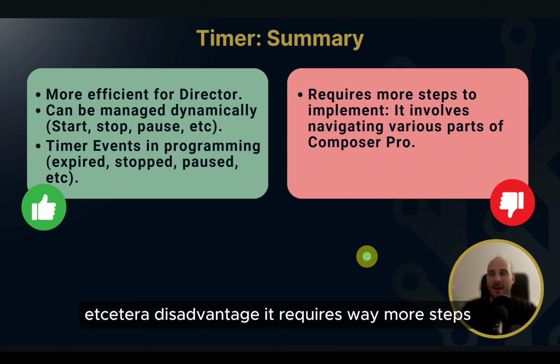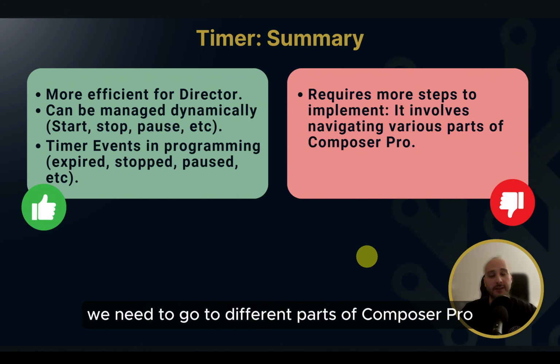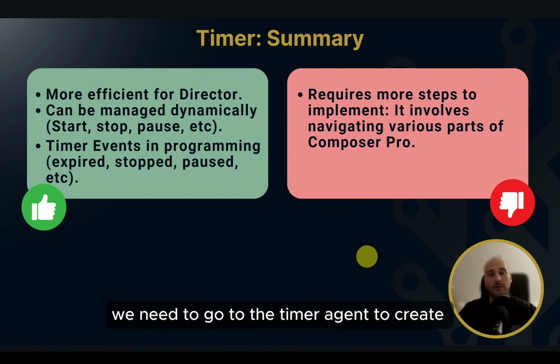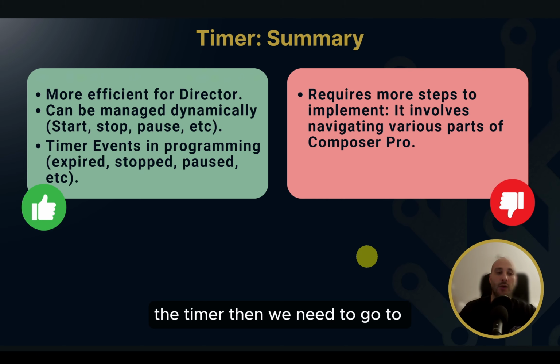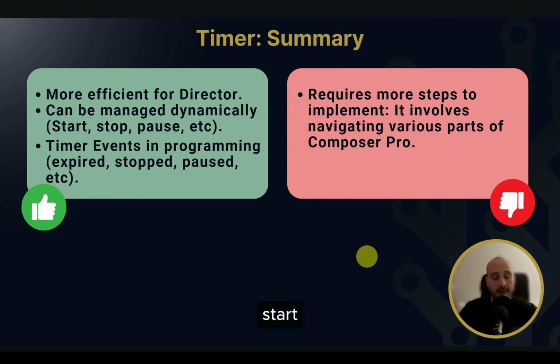Disadvantage: it requires way more steps to implement. We need to go to different parts of Composer Pro. We need to go to the timer agent to create the timer. Then we need to go to the event that we want to trigger the timer start.